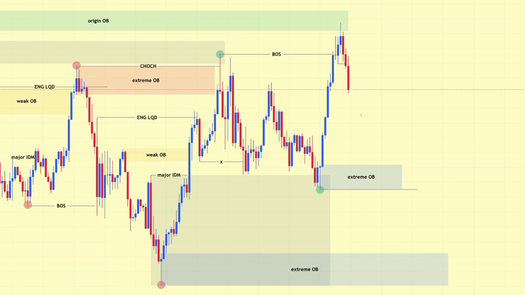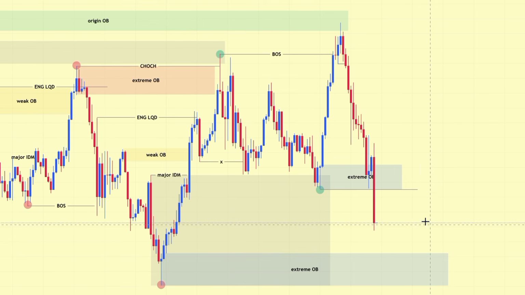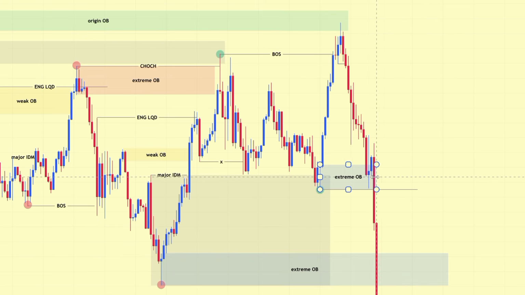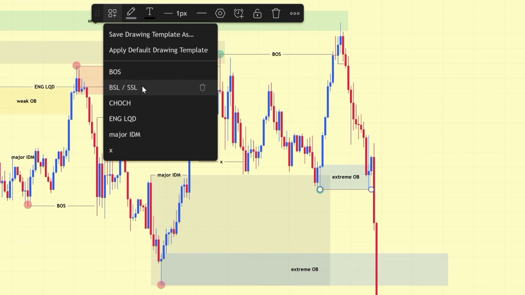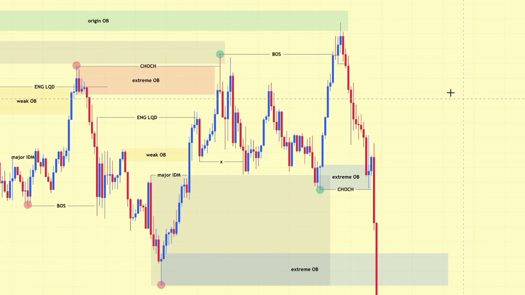Okay, so if I run price here, we can clearly see that price is heading lower and eventually price has mitigated our extreme exactly right there, gave a little bit of reaction, not enough to buy, but we can clearly see eventually price made a change of character exactly right there. So in this situation, you can clearly see price mitigated the origin order block and made that reaction all the way towards this.